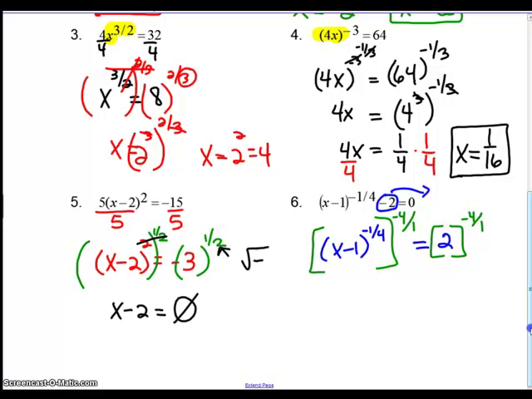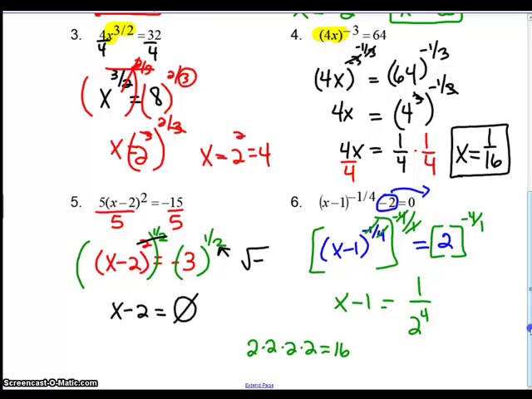Whenever I raise that to this reciprocal power, that leaves me with x minus 1 equals 2 to the negative 4 power. A negative exponent means I need to take the reciprocal, 1 over 2 to the 4th power. Recall that 2 times 2 times 2 times 2 is equal to 16.